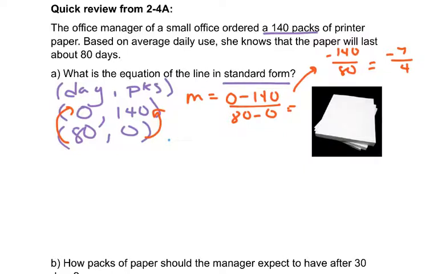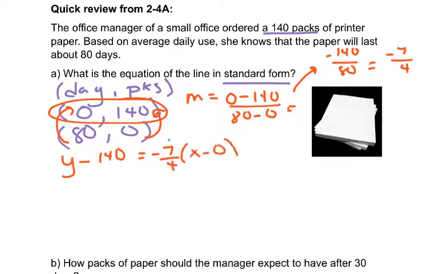We're going to go ahead and put it in point slope form. So y minus, let's use our first point here, y minus 140 equals our slope times x minus our x coordinate. If we distribute the negative 7/4 to x minus 0, we get negative 7/4 x minus 0. 0 times anything is 0.